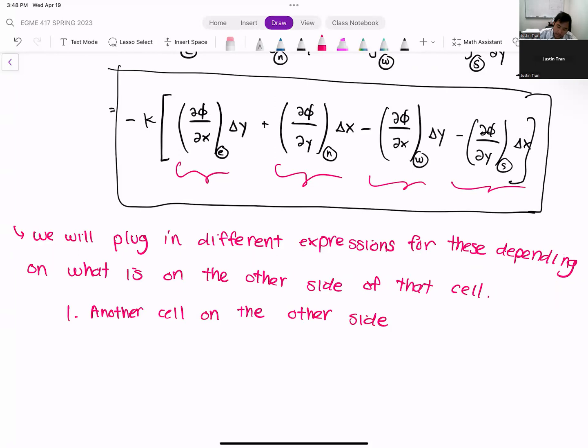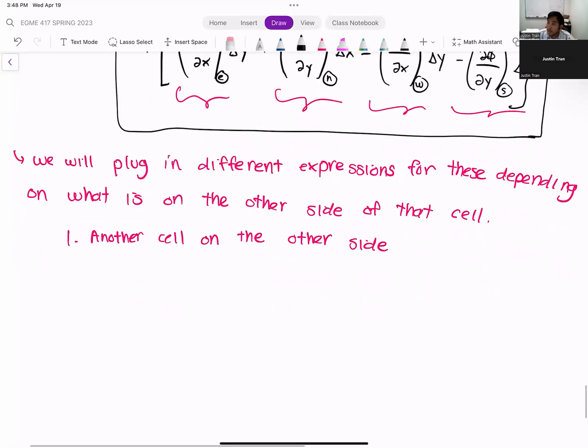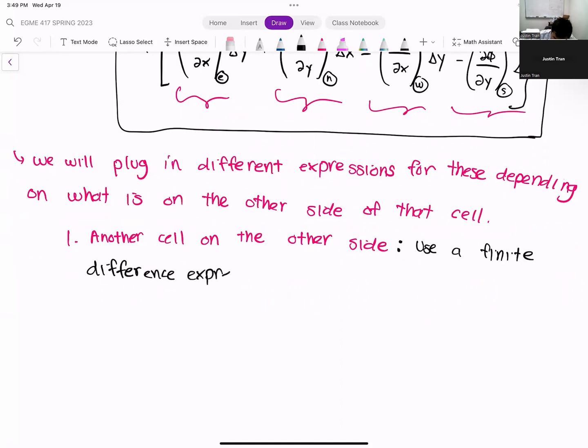In the case where you have another cell on the other side, we can plug in an expression that utilizes that other cell's center. We're going to use a finite difference expression that utilizes that other cell's value.